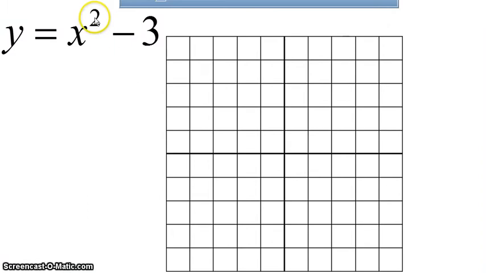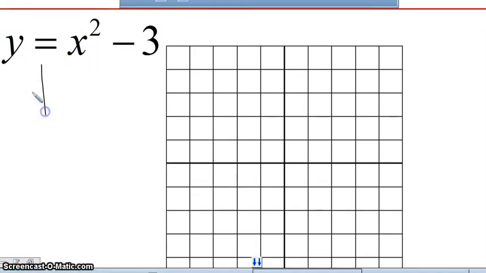Oh, look, we have a quadratic. If you don't remember what a quadratic is, anything that has an x squared is going to make a picture of a parabola. And every parabola looks like a U shape for the most part. It could be skinnier, it could be fatter, based off of the number in front. We'll talk more about that later on this year. So this is just going to be a parabola, no number on the inside because there's no parentheses here.